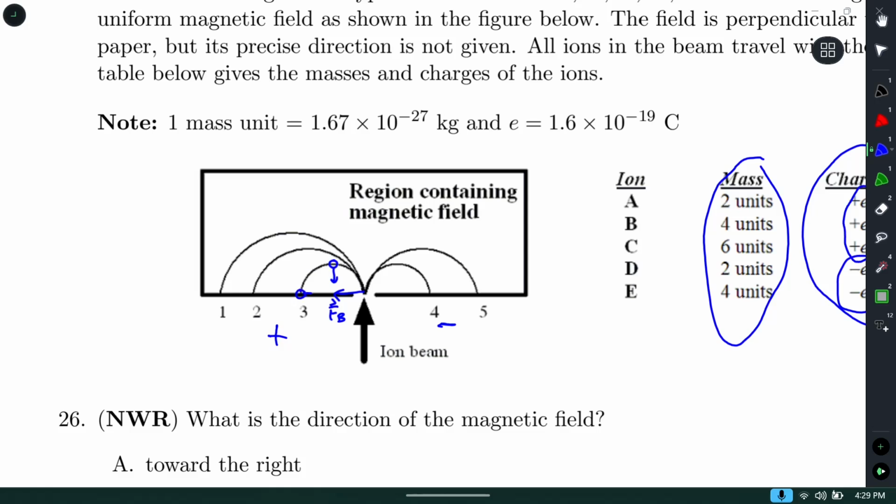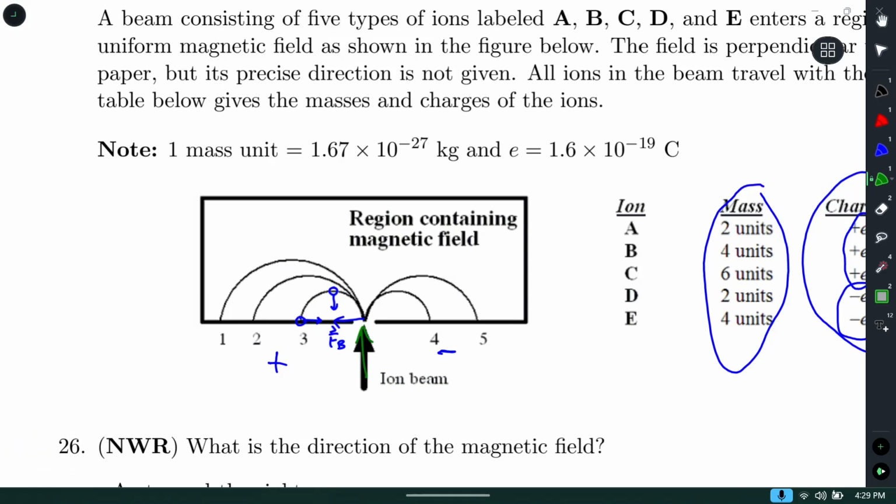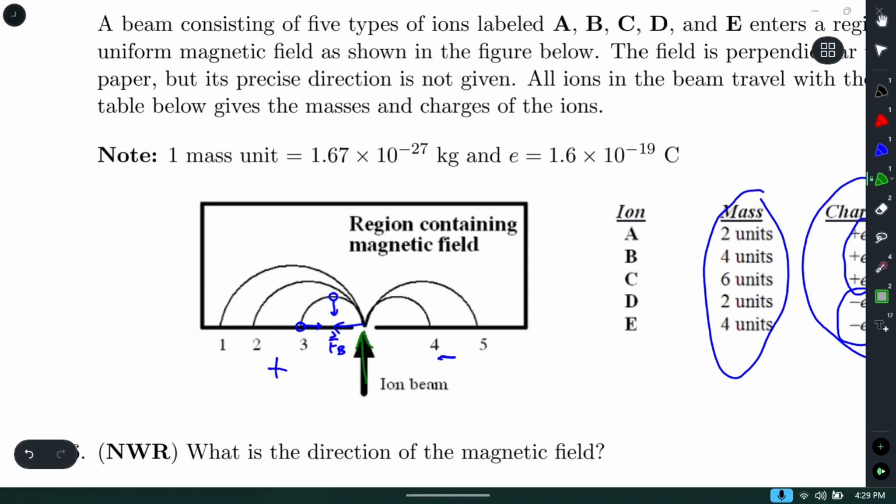Or by the time it's over here, it feels it that way. So I can use my right-hand rule, but sort of backwards, to infer which way the field points, in other words, my 4 fingers should point to cause my palm to face that way. When the charge first enters this region, its velocity is going to be upward.